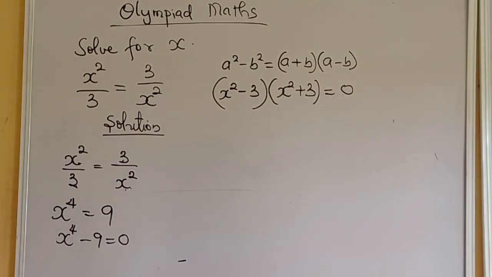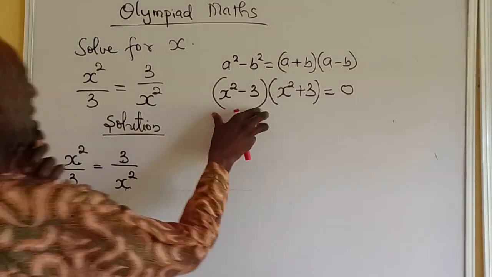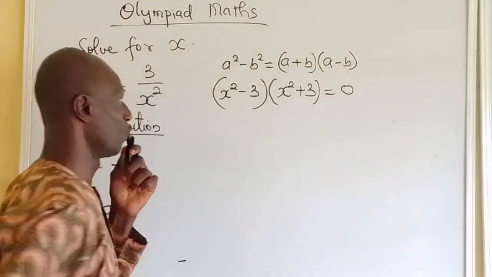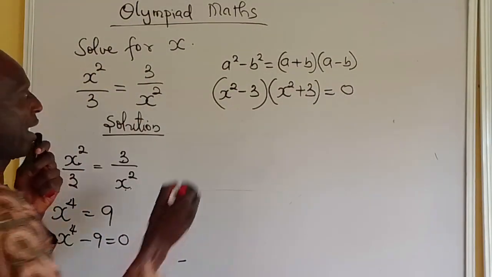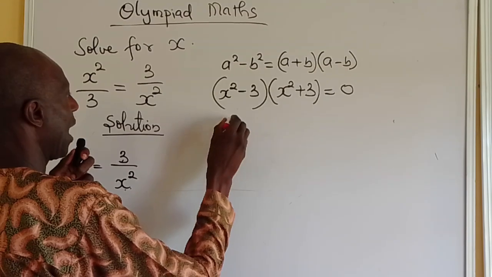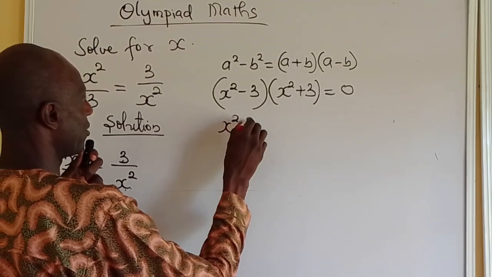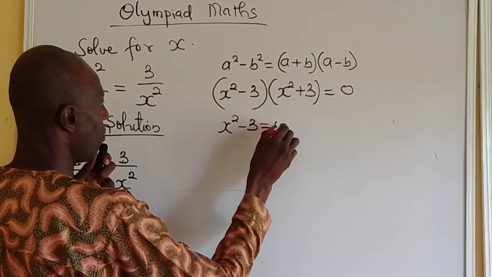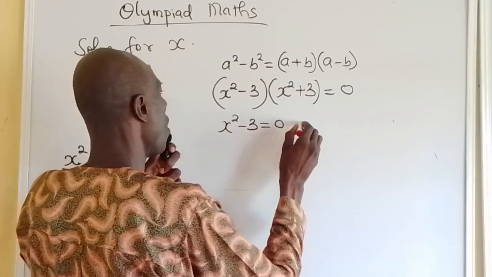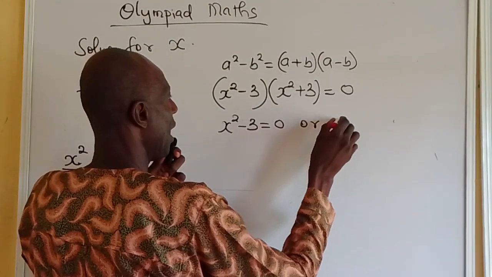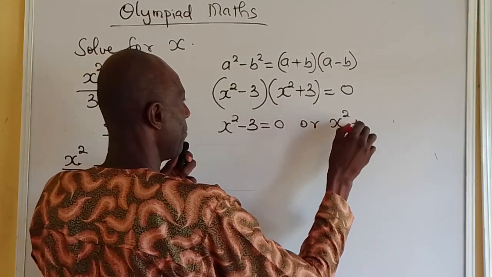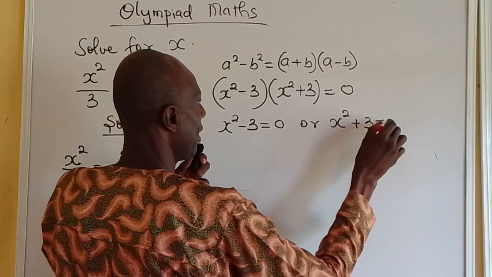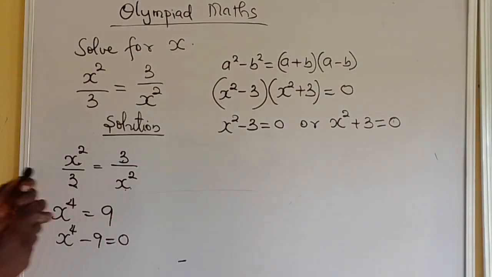So we equate each of the brackets to 0. They will give us x squared minus 3 is equal to 0 or x squared plus 3 is equal to 0.